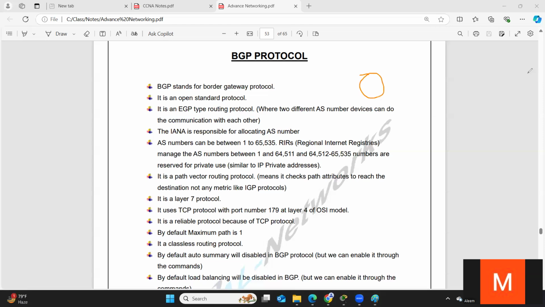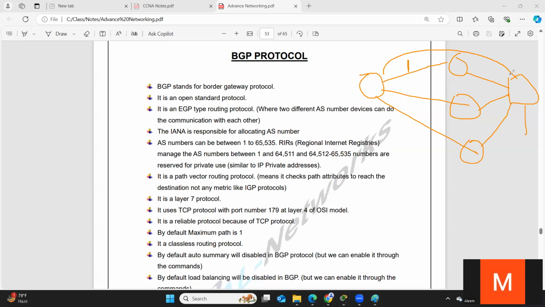As we discussed, if we have different paths from source to destination, BGP is the protocol that will not perform load balancing. If you want, yes, we can achieve it, but the maximum path is only one. Only one path will be selected, and based on that it will send the traffic.